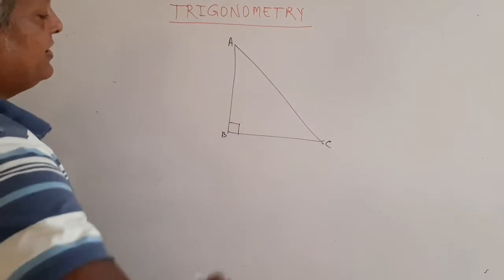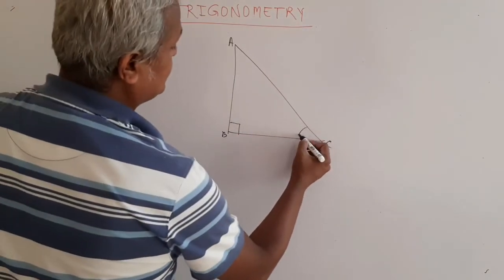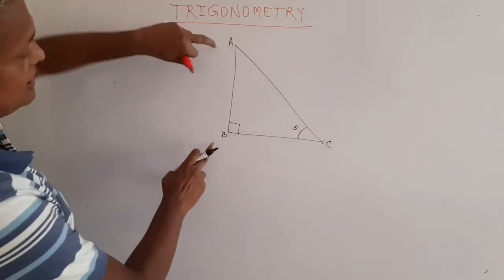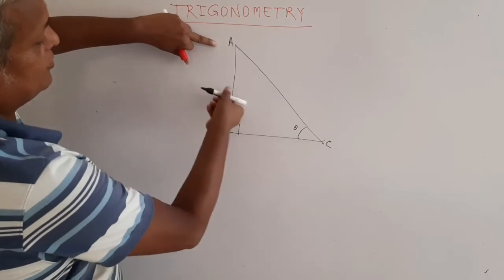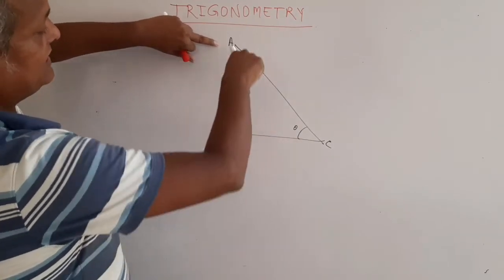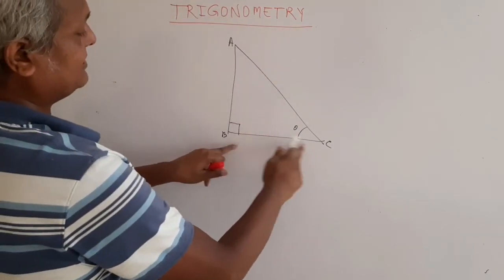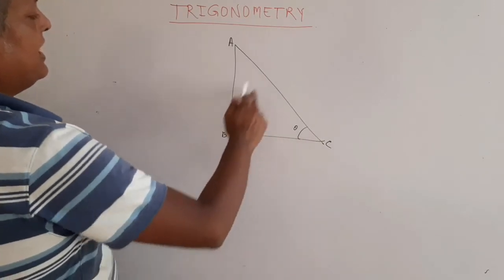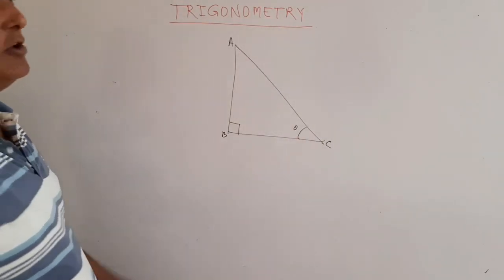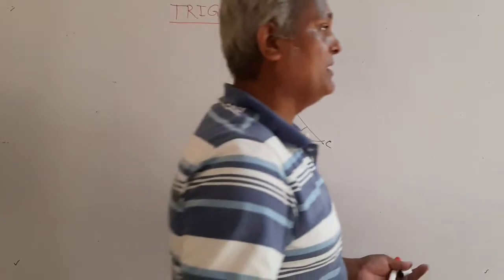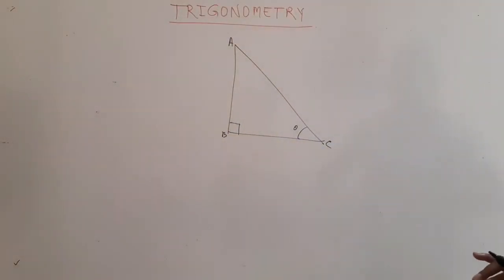In terms of the angle under consideration, suppose this angle is theta, then we can call this opposite. So this is opposite to this angle, and then this is adjacent. BC is adjacent to this angle, and AC is hypotenuse. Any terminologies you can use, it all depends on how you take the whole thing.